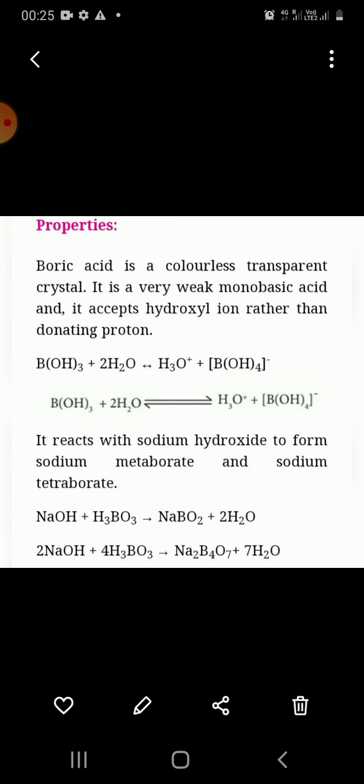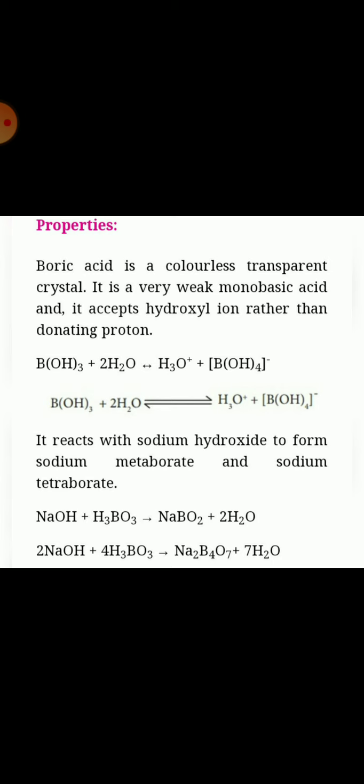So it reacts with sodium hydroxide to form another product. It reacts with sodium hydroxide to form two products. One is sodium metaborate, another one is sodium tetraborate. First, boric acid reacts with sodium hydroxide: NaOH sodium hydroxide plus H3BO3 boric acid to form NaBO2, sodium metaborate, plus water.